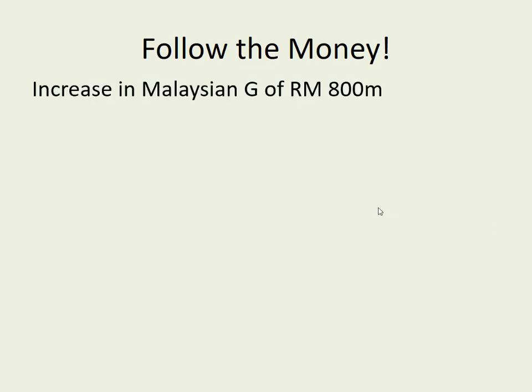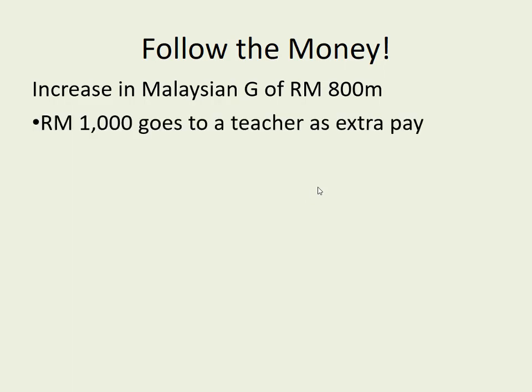So now we come to a concrete example that tries to illustrate the principle of this, which is off to Malaysia. Suppose that the Malaysian government decides that we'd like to pump 800 million ringgits into the economy. So they do that.